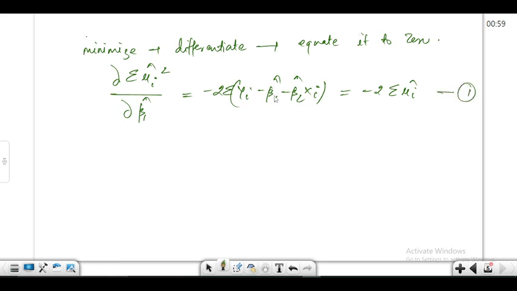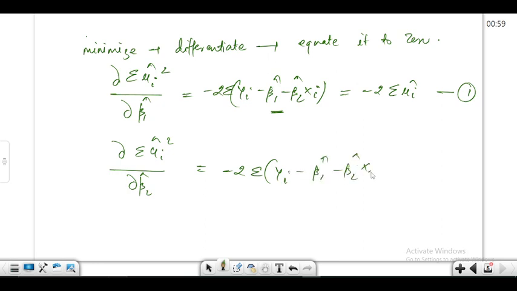So this term is basically your ui hat term, and that is being written over here. On differentiating ui hat square with respect to beta 1 hat, I get this. Similarly, on differentiating summation ui hat square with respect to beta 2 hat, I get minus 2 summation yi minus beta 1 hat minus beta 2 hat xi, and here xi.